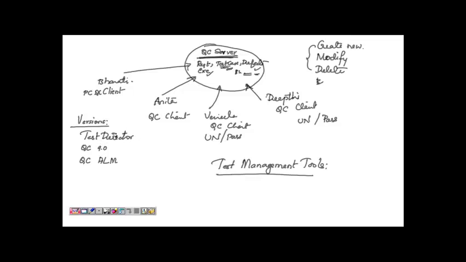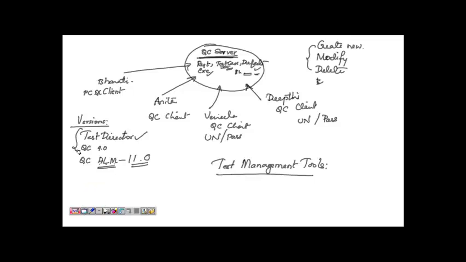So test director or quality center, it is one and the same. And the newest version that we have, quality center 11.0, is called ALM, application life cycle management tool. So before it was called test director, now it is called quality center, and the latest version, 11.0, we call ALM. Okay, is it clear everybody?